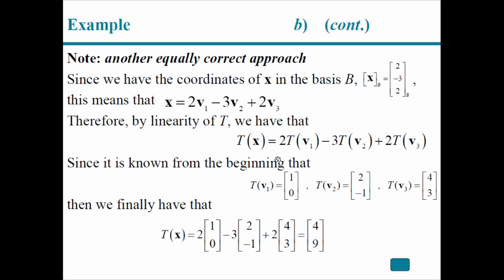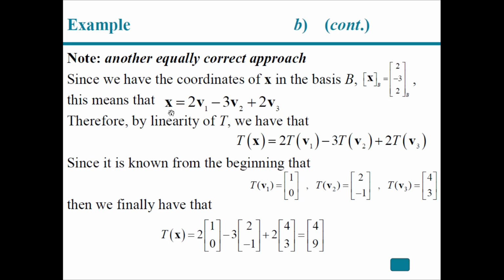Straightforward. Now Tv1 was given at the beginning. Tv2 is given. Tv3 is given. Just plug them in. So you have your coefficients in front, and you get the same result. Which one you choose, it's up to you totally. It doesn't matter. From here, by finding the coordinates, you can say x is equal to this linear combination of vectors v1, v2, v3.